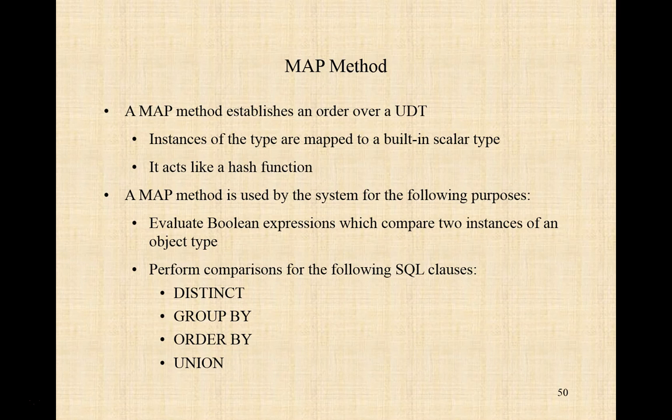The map method could also be used when we have to do comparisons within SQL statements where we have a distinct, a group by, order by, or union. All of these affect the idea of grouping or duplicate removal, which entails comparison. So map methods are automatically called to evaluate comparisons, such as object 1 is greater than object 2, but also when these clauses are used within SQL.